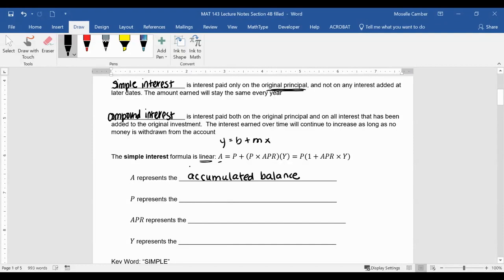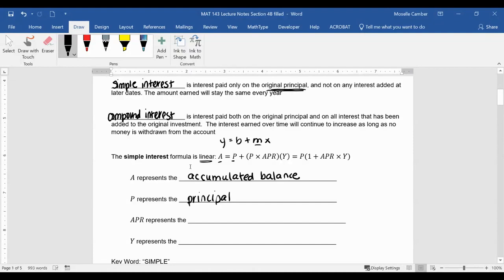And then my starting amount, that's going to be your principal, the amount that you originally put into the bank. So your P is going to be your principal, or your beginning amount. And then the amount that you moved, your change, your slope, is going to be the amount of interest that gets put into your account.